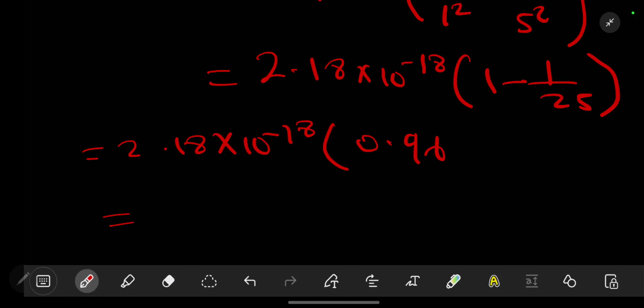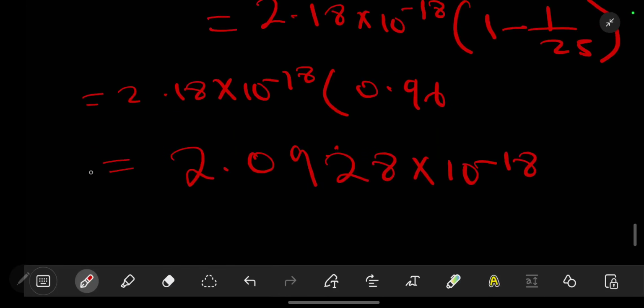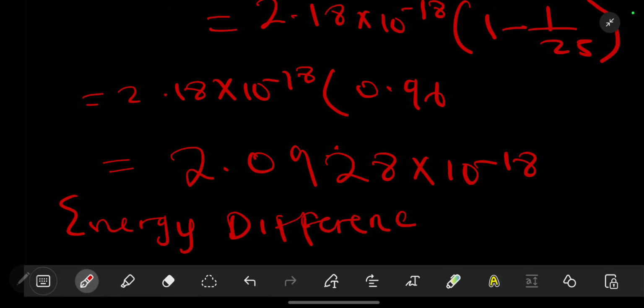This will give us a value of 2.0928 times 10 to the power negative 18 joules. So this should be the energy difference.